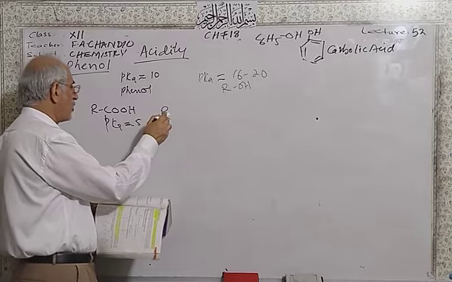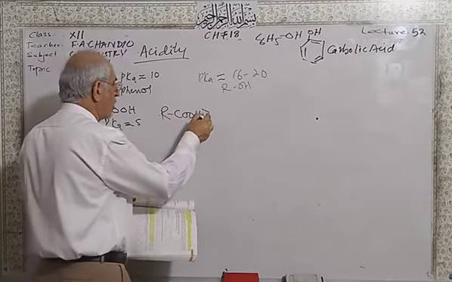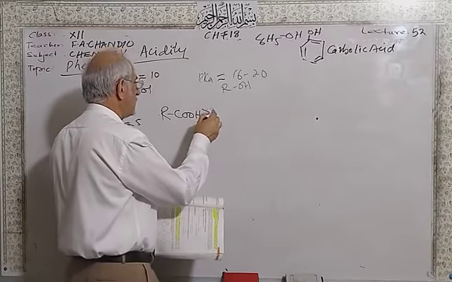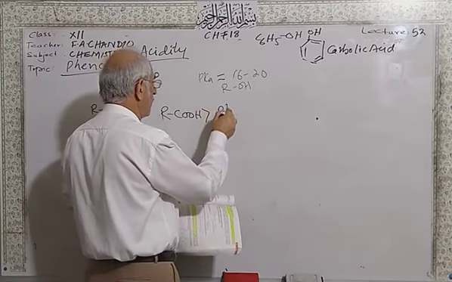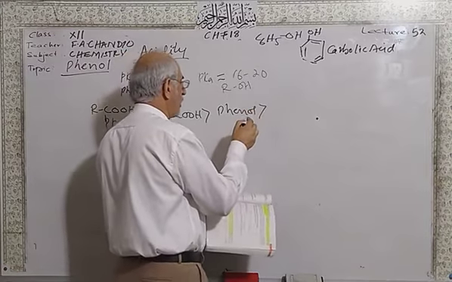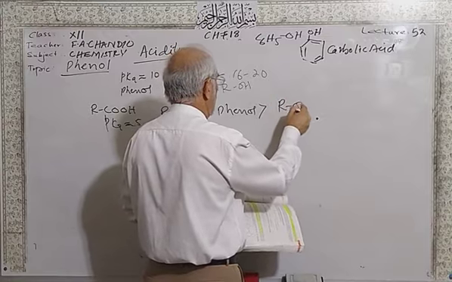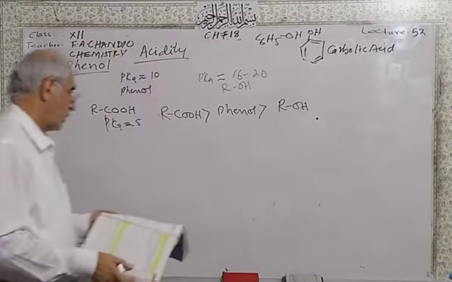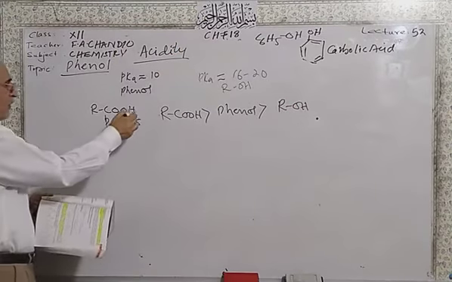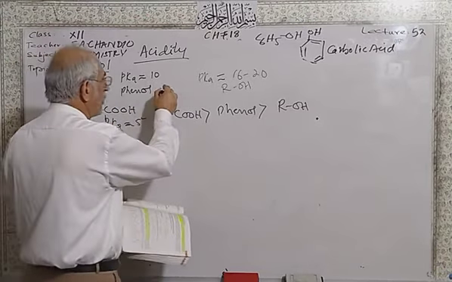So carboxylic acid is more acidic than phenol. Phenol is more acidic than alcohol. Carboxylic acid pKa is 5, most acidic. Phenol is about 10.